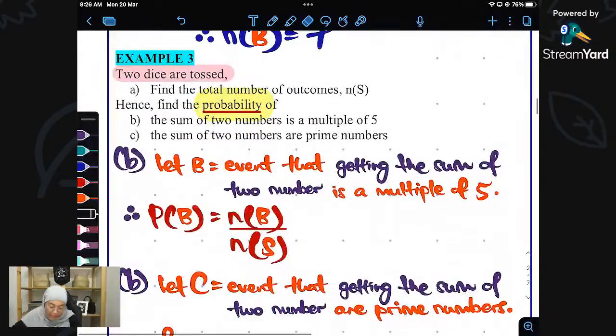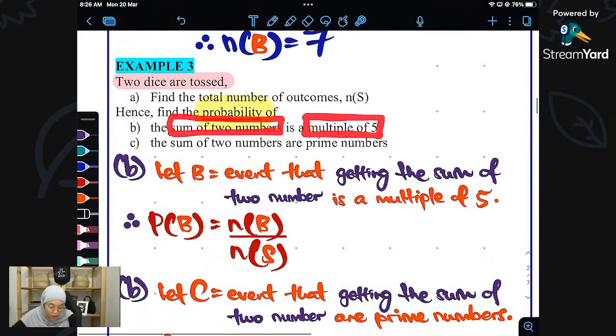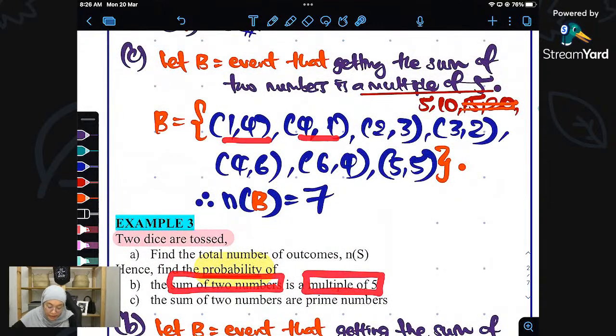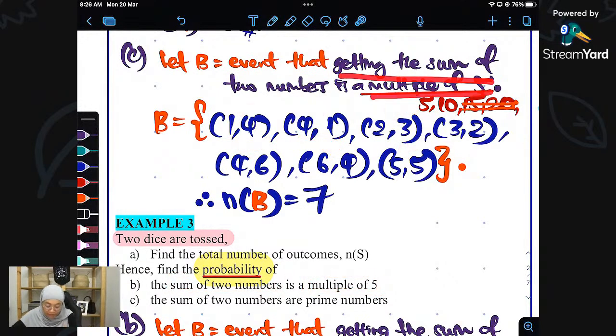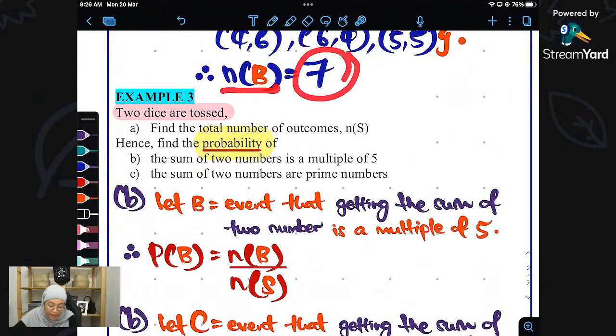So now let's begin. We answer the previous question. Find the probability that the sum of the two numbers is a multiple of 5. So just now we got 7, isn't it? This is the summation that will give you a multiple of 5. You add, and you will get the number 5 and the number 10, which are the multiples of 5. So the number of event B is just 7.